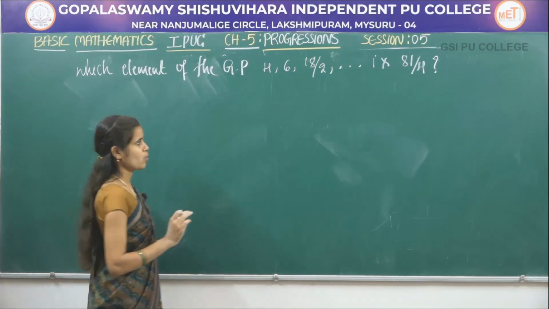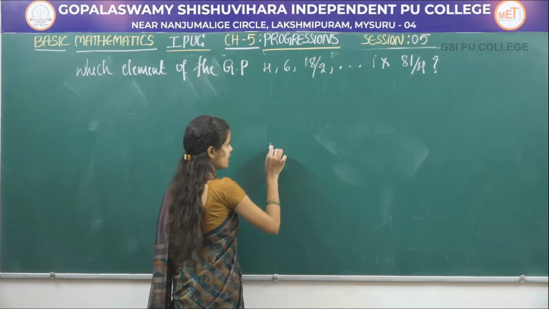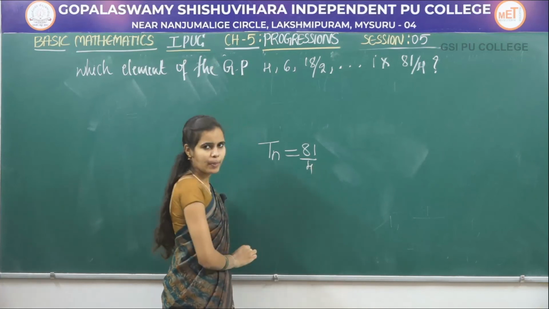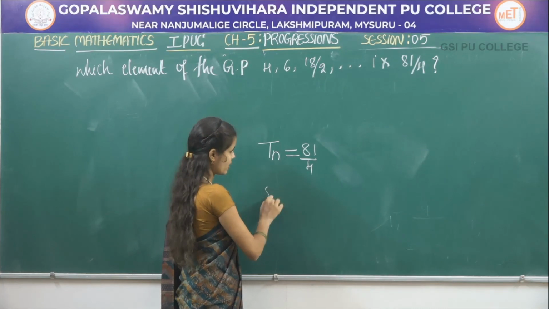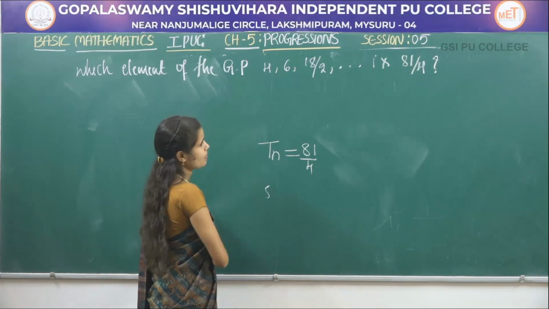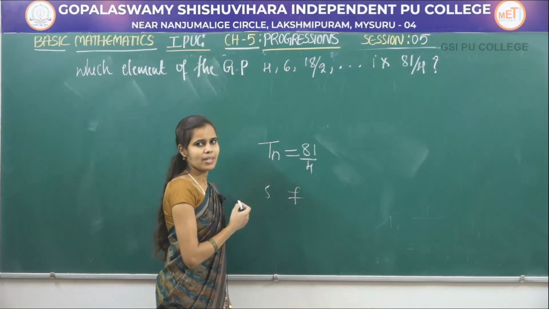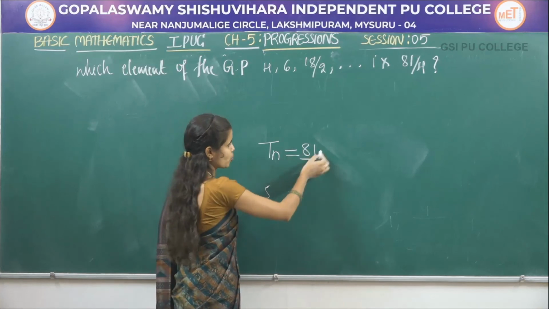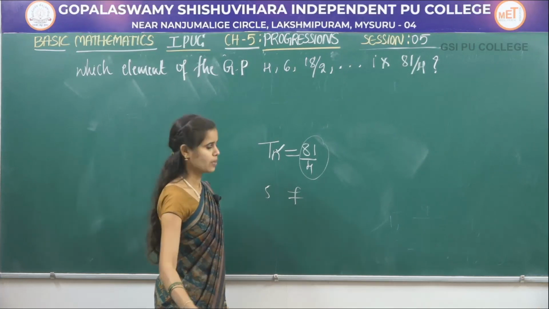Here we want to find the position of 81 divided by 4. First assume that it is the nth term or nth element. Suppose n is 5, then 81 by 4 is the fifth element of the given sequence. Suppose it is 7, then 81 by 4 is the seventh element of the given GP. So to find the position of 81 divided by 4, first let us find the value of n.